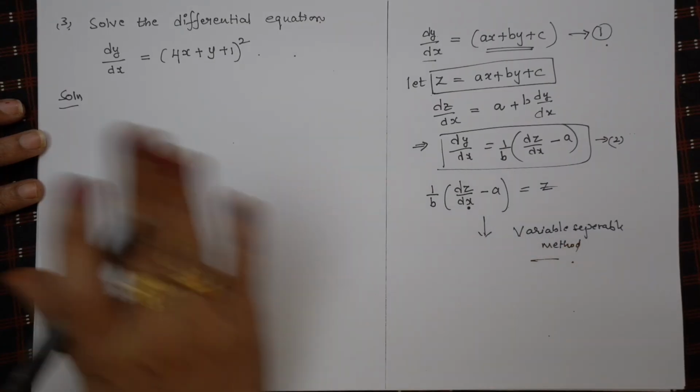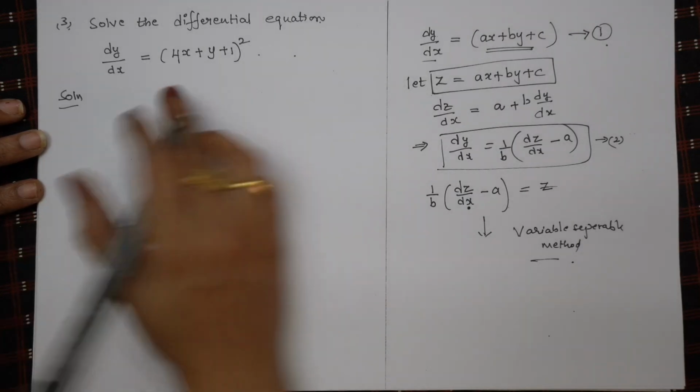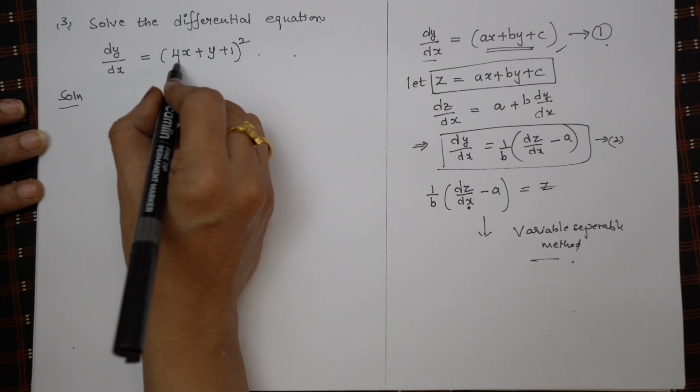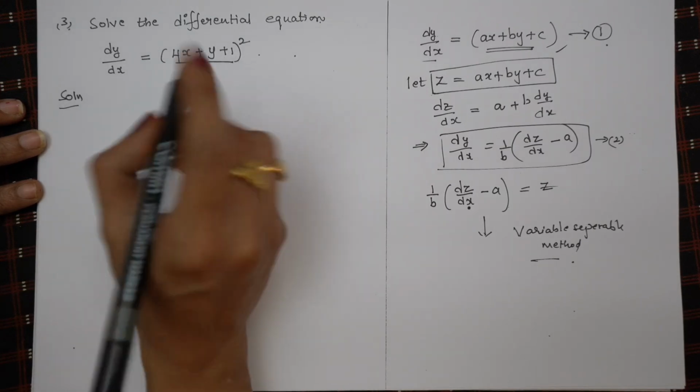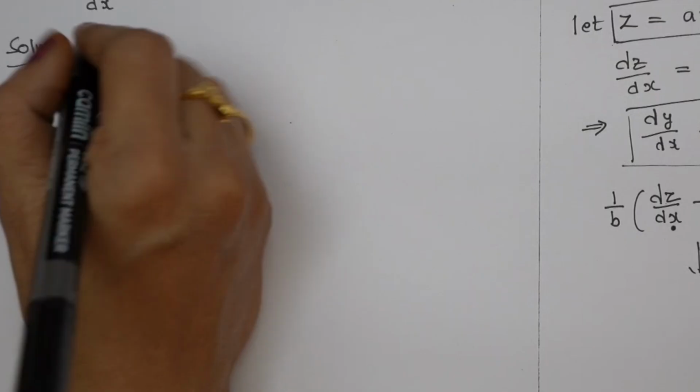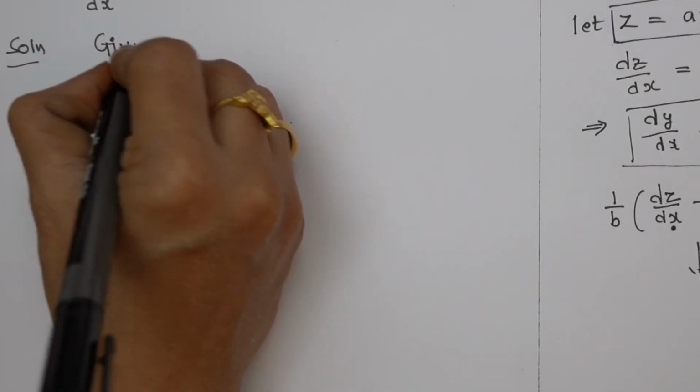Okay, now see the problem. This problem is also in this format, so 4x plus y plus 1, we have to assume with another variable, let us say z. Write down the given equation first.